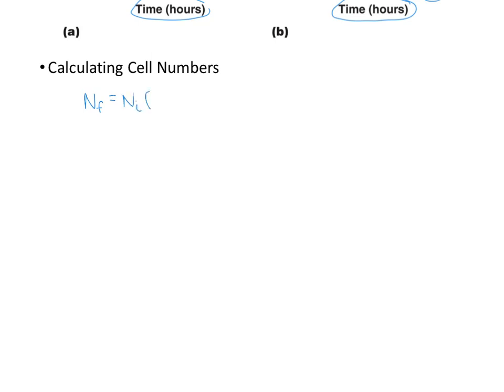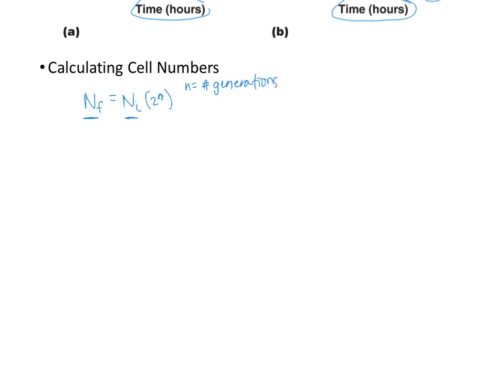I'm not going to go into this in too much detail, but you can calculate the final number of cells in a culture if you know the initial number of cells that you inoculated, where N stands for the number of generations.